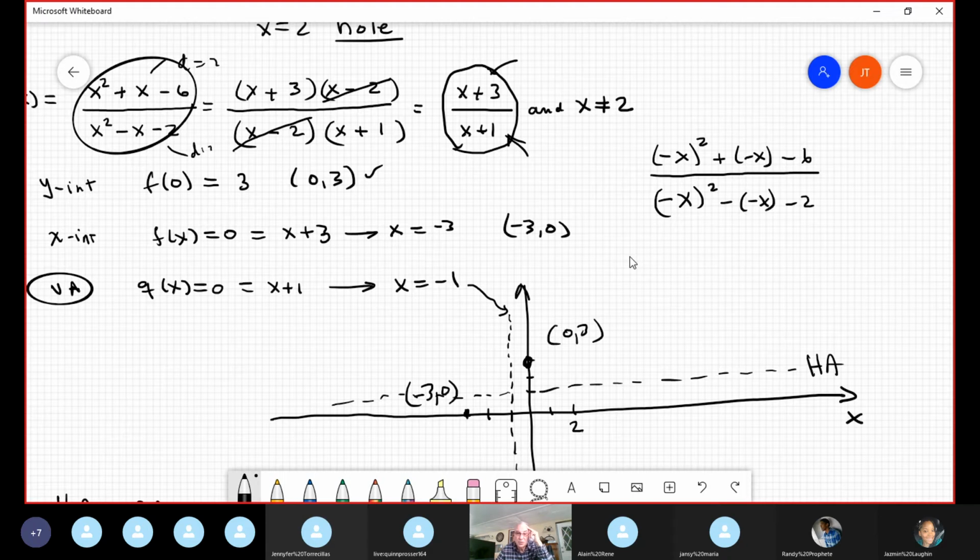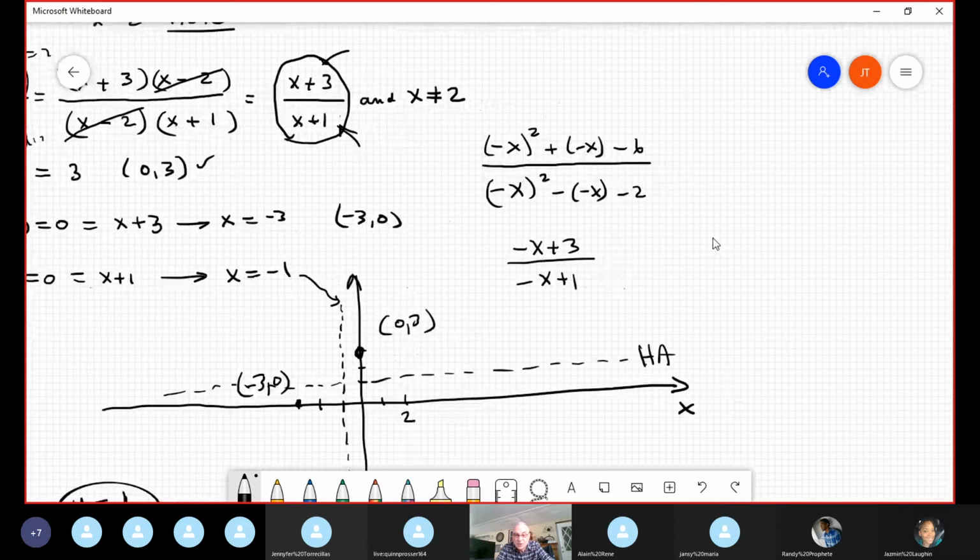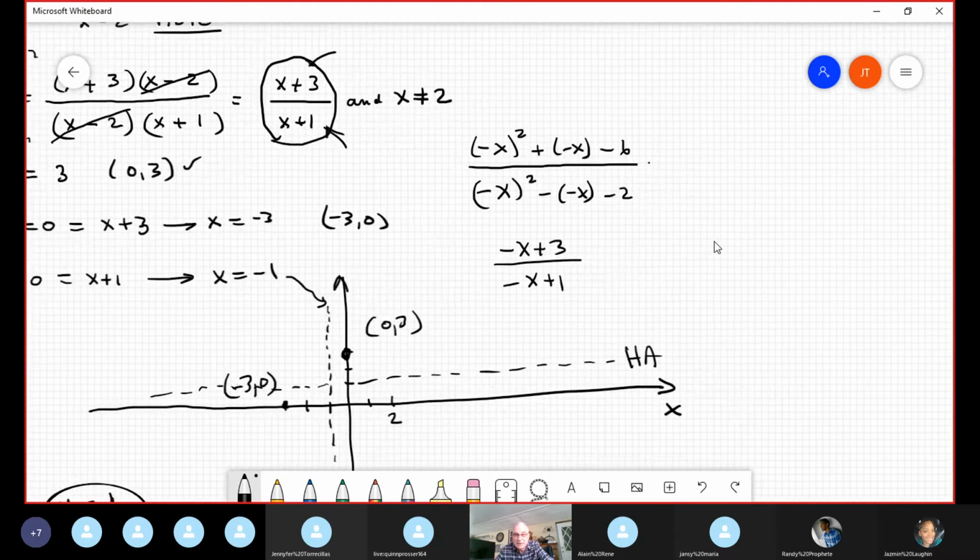Another student doing it in the simplest way, minus x plus 3 over minus x plus 1. Okay. Suppose the student selects the original, realizes okay, this stays the same, this no, and this stays the same, this no, and this stays the same.